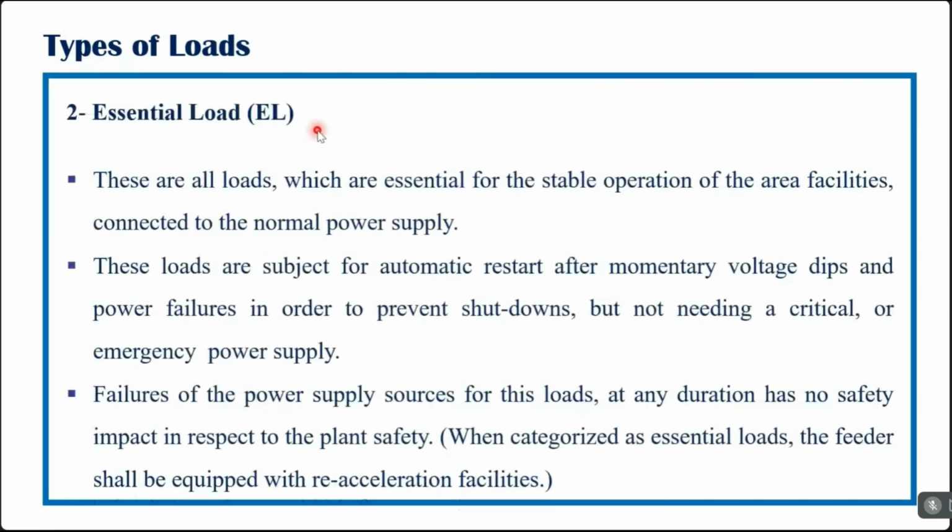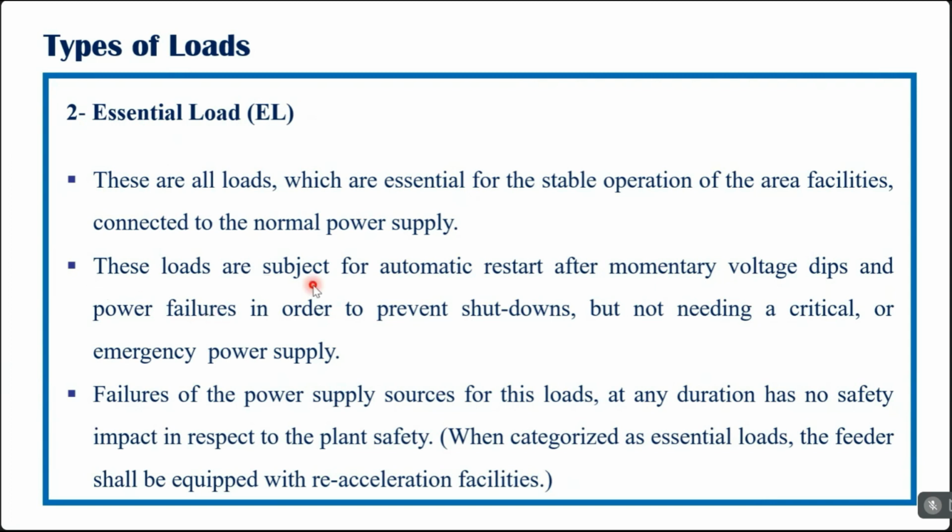Next type of load, we call it the essential load. From the term you can understand essential means important. These are the loads which are essential for the stable operation of the plant connected to the normal power supply. So in order to have a stable operation of any process or a plant, these loads are classified as essential category loads.